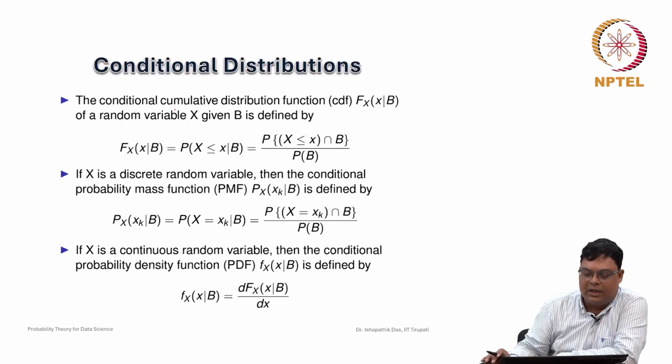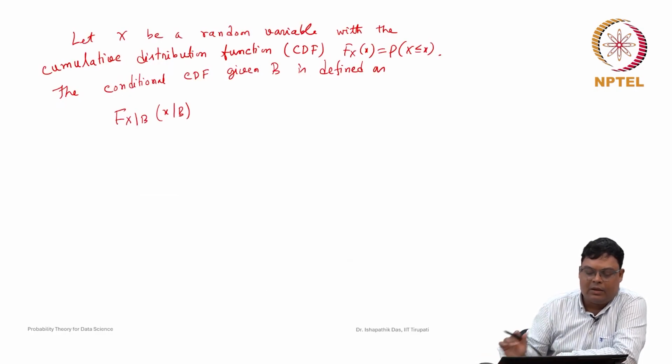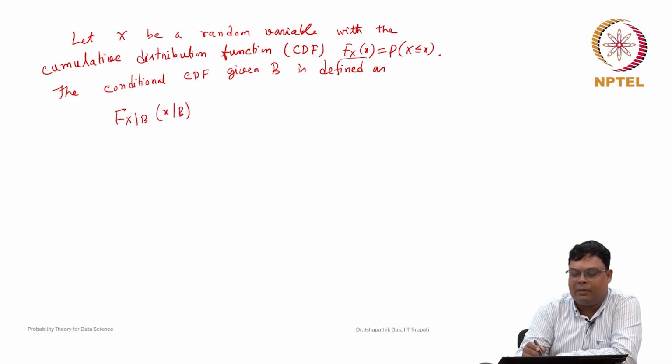Here you can see we use the notation F_X(x | B), because this function and the original function will be different, so we can name it x given B.